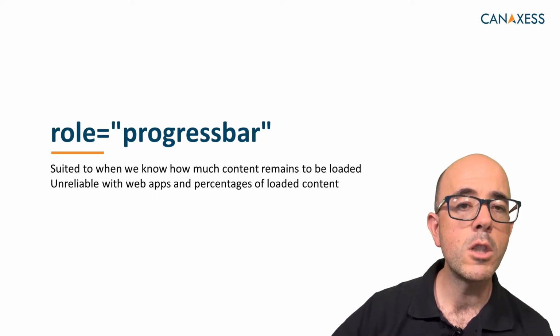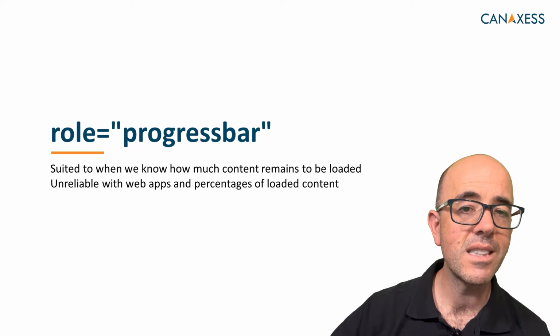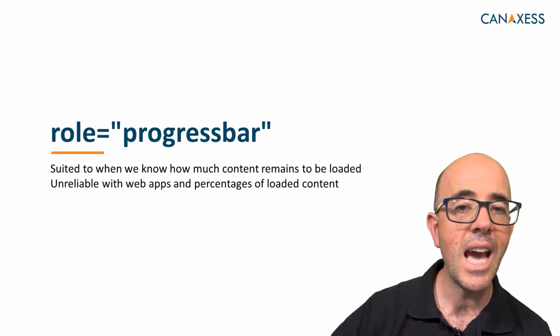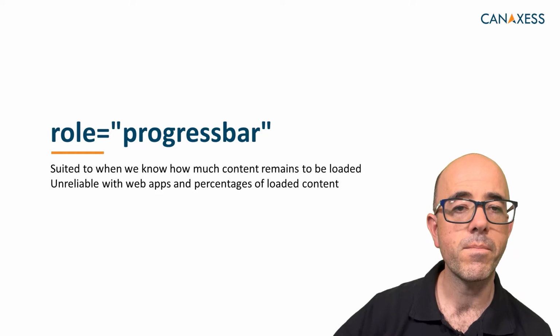When a remote call to an API is being made to load new page content, there is a lot outside of our control, and it's tricky to identify how much of the content is remaining to be loaded. Besides, the simpler approach of a live region with role of status yields far better compatibility and common behaviour between browsers and screen readers.